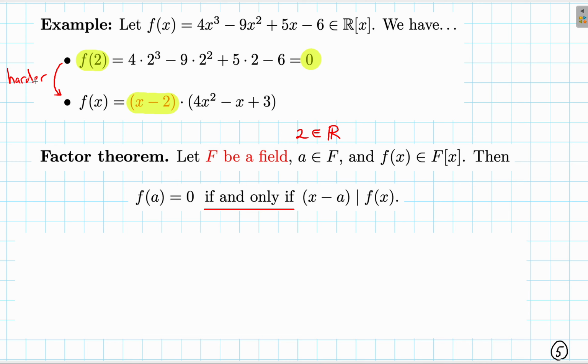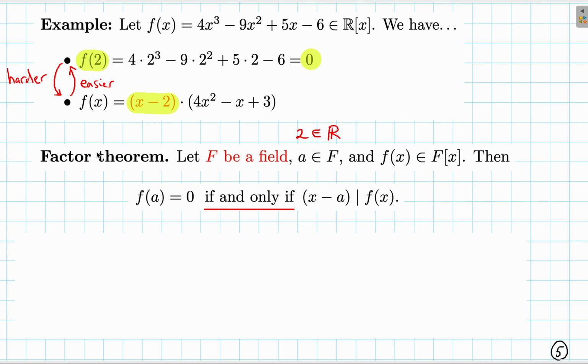And then the other direction, namely, if x minus 2 is a factor of f of x, then f of 2 is equal to 0, that happens to be the easier direction of the two. And so we will focus on proving the harder direction in this lesson, and then I'll leave it up to you to read in chapter 29 of the textbook for the proof of the easier direction.